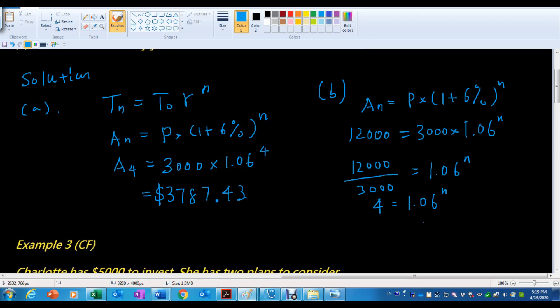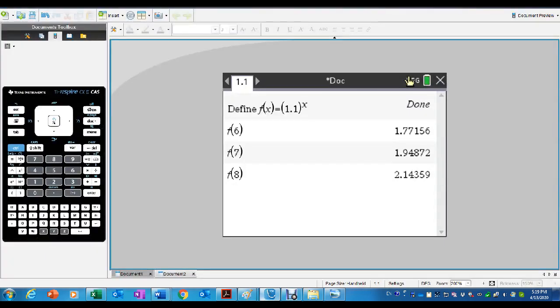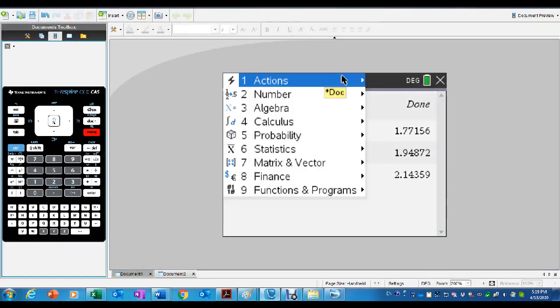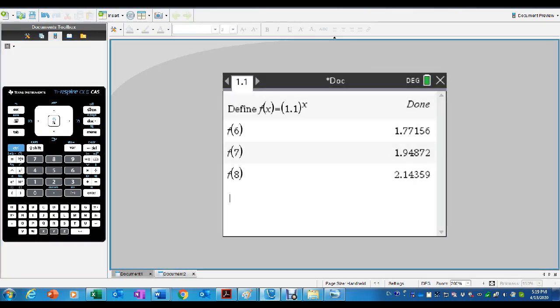You can do it by using a calculator. You can just plug in numbers one by one, but just as we have said, we can do it another way. So let's do it again.